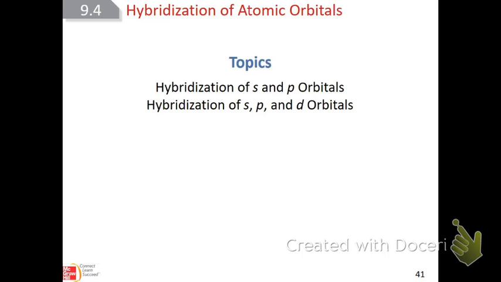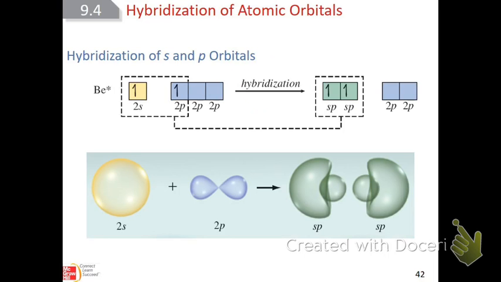But in this case, as on page 379, what if you had beryllium chloride? You had beryllium with its 2 electrons, and you had chloride.